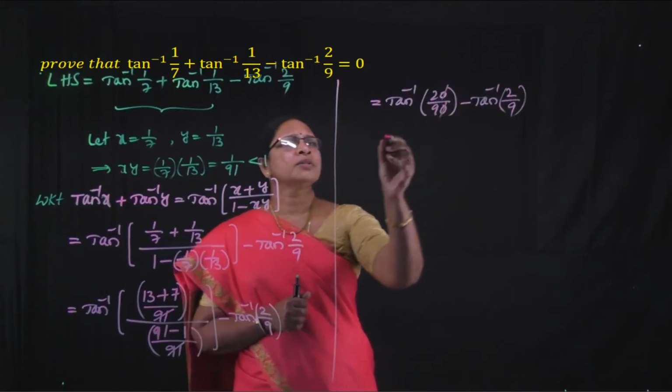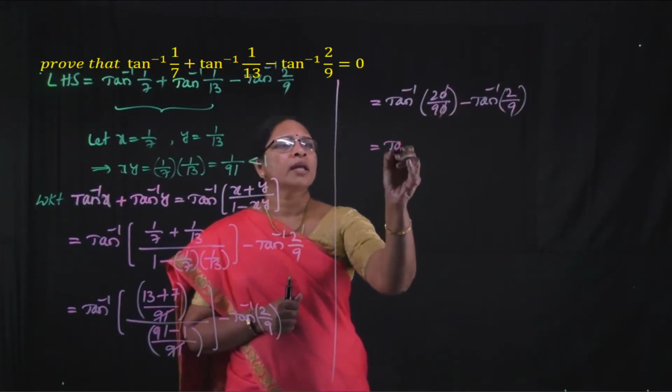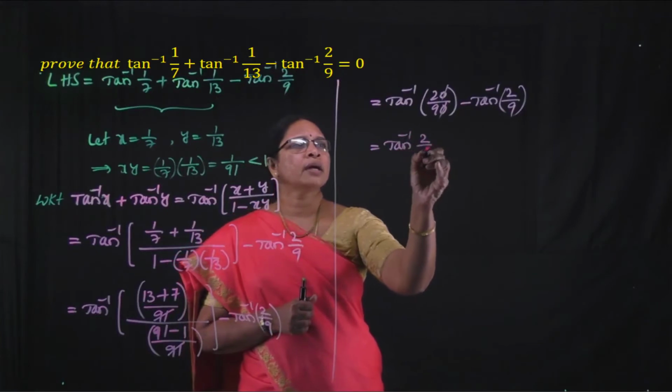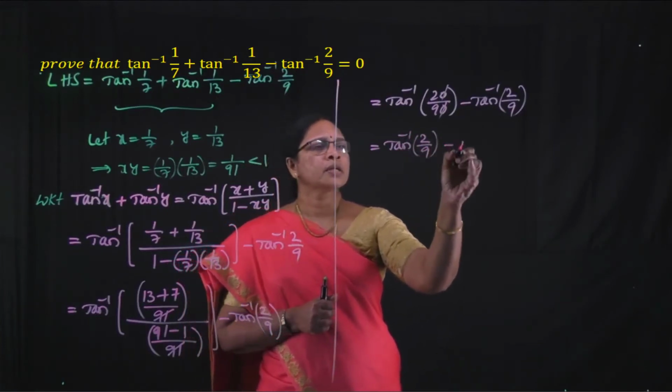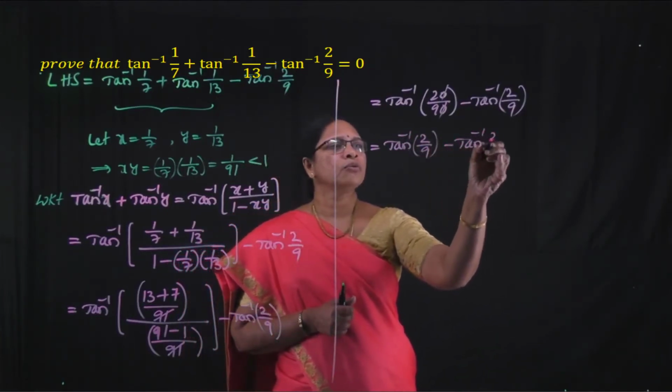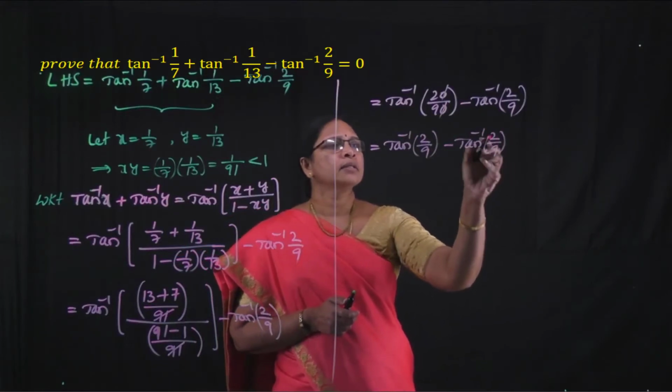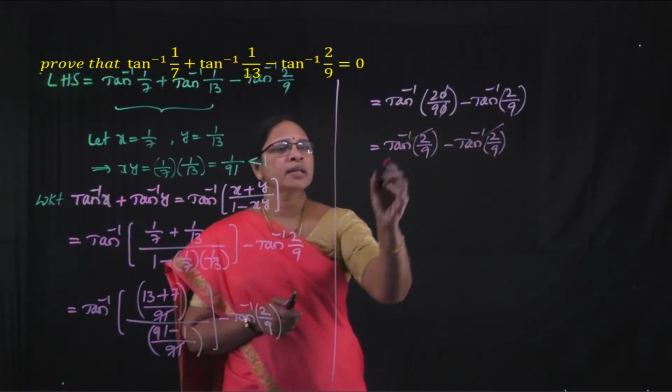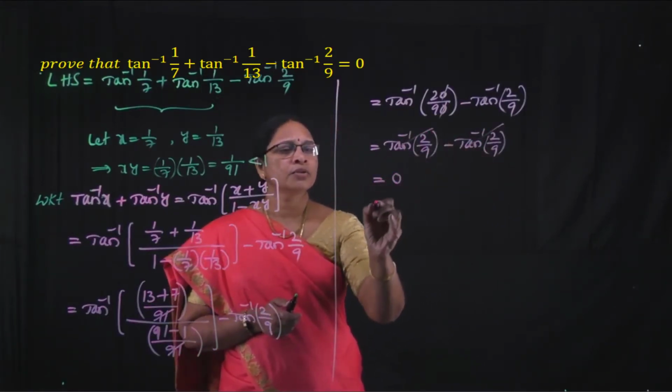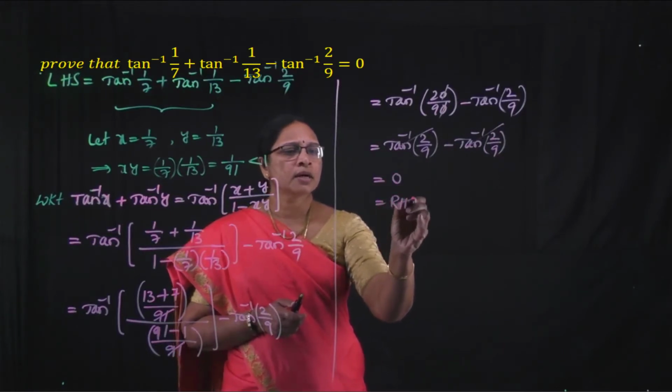Here 0 cancels. Tan inverse 2 by 9 minus tan inverse 2 by 9. Here tan inverse 2 by 9 gets cancelled, that is equal to 0, that is RHS.